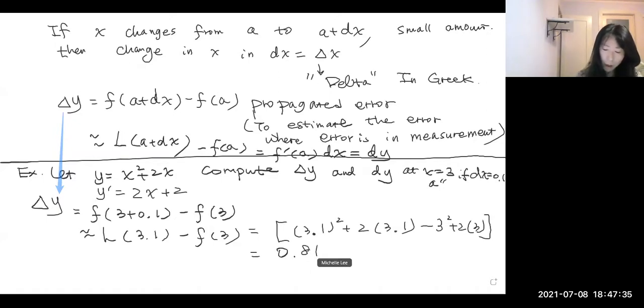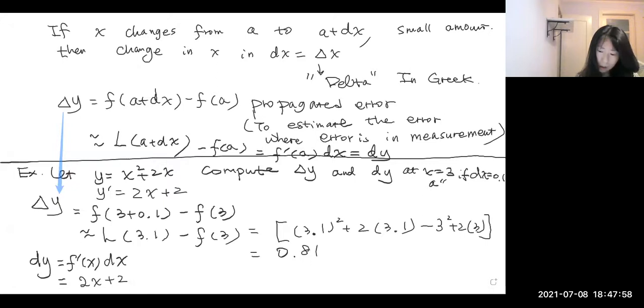Okay, and then dy, we had the formula earlier, f prime of x dx. So we have f prime of x, which in this case is 2x plus 2. And dx, which is 0.1.